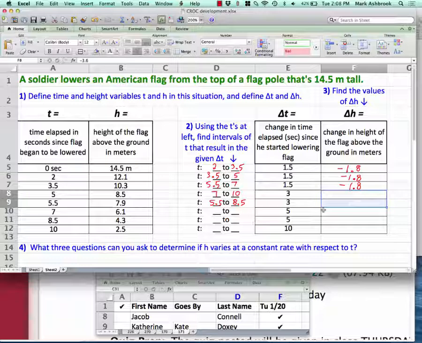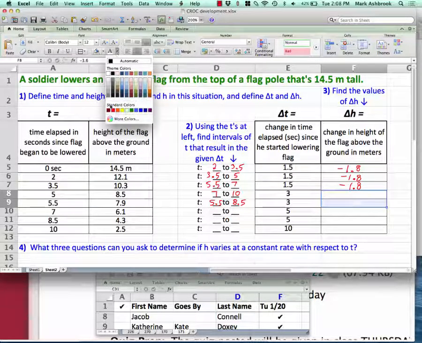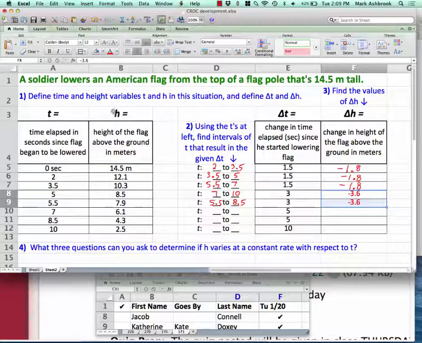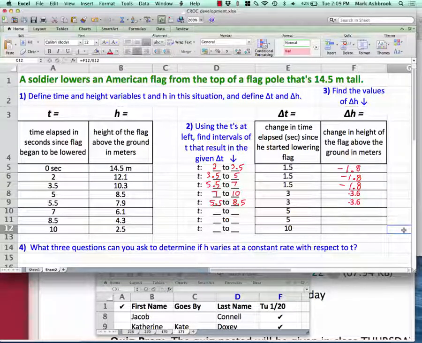Final minus initial. So what will you get? Negative. The height is decreasing, right? Yeah, negative 3.6. Right.